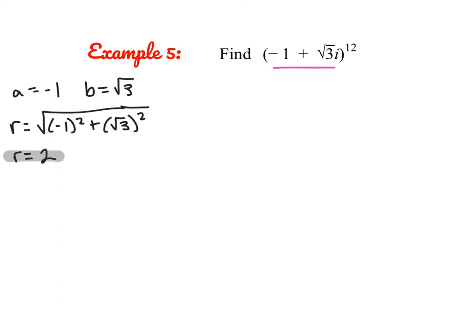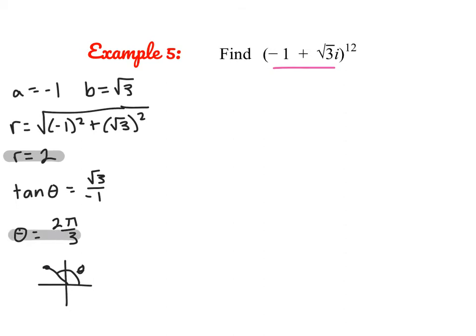Now let's find theta. Tangent of theta is root 3 over negative 1. I know that we are working in quadrant 2, so theta is going to be 2 pi over 3. And of course, if it helps, you can always plot out your point. Negative 1, root 3 in the complex plane would be somewhere up here. So that might help you to determine what your angle is going to be.